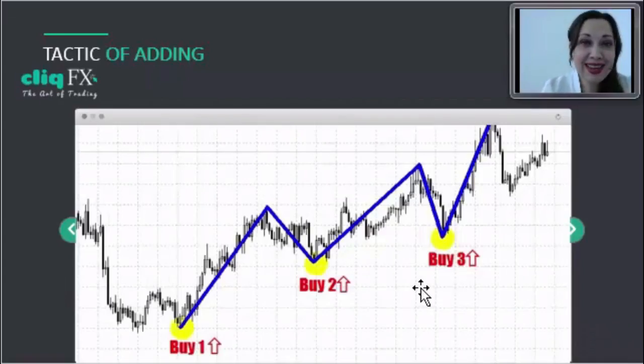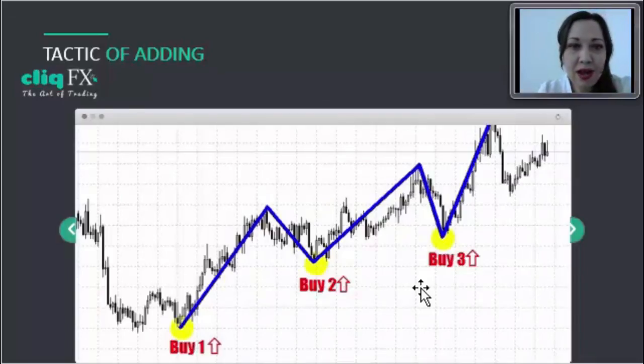So the first tactic that we are going to discuss is the tactic of adding. We have one and the same routine every time we look at the markets. We open our PCs, look at the price, analyze it, and understand what kind of tendency we are having today.